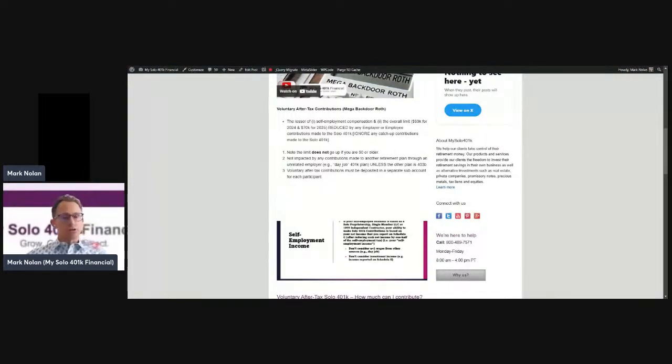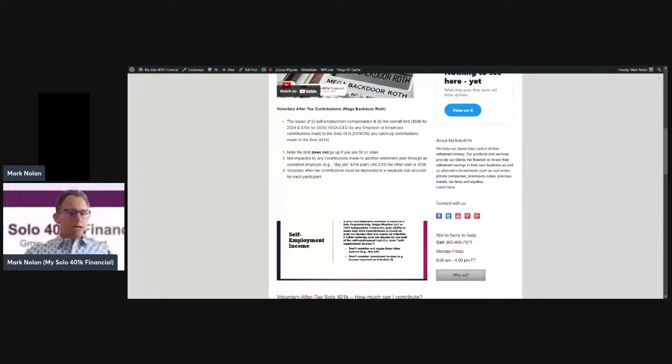You're going to see that the catch-up contribution of $7,500 doesn't get included with the voluntary after-tax solo 401k contribution. That catch-up contribution is for those age 50 or older. And catch-up contributions are not allowed to be deposited to the voluntary after-tax solo 401k. Instead, they have to be deposited to the pre-tax solo 401k bucket or to the Roth solo 401k bucket.